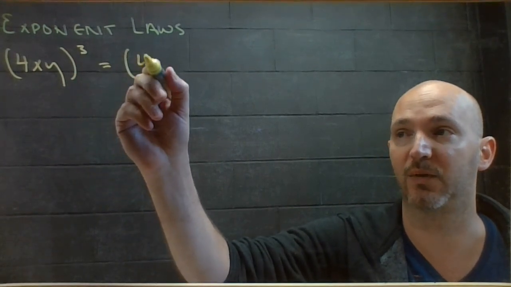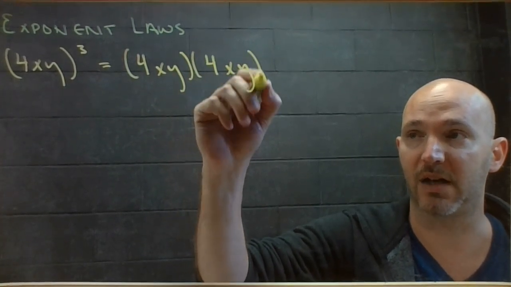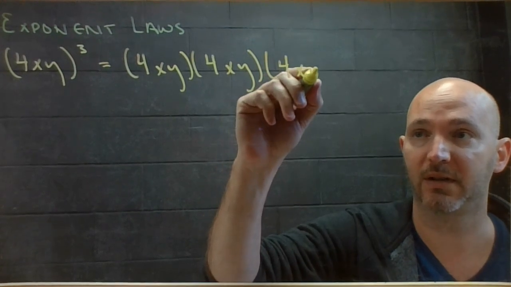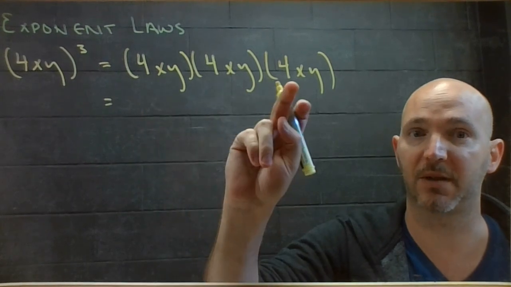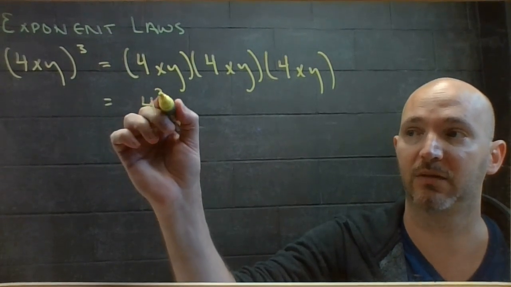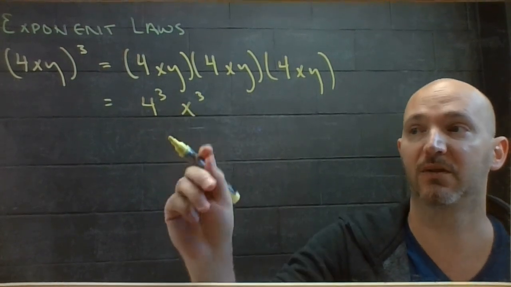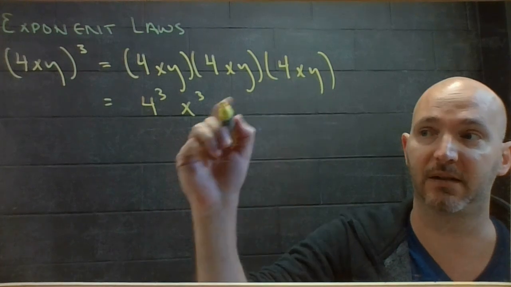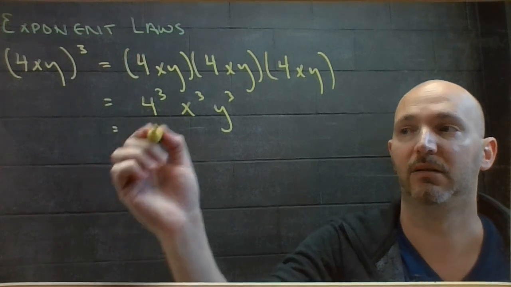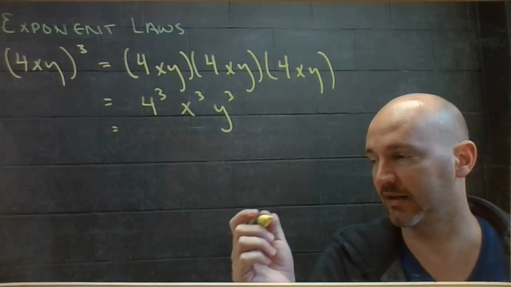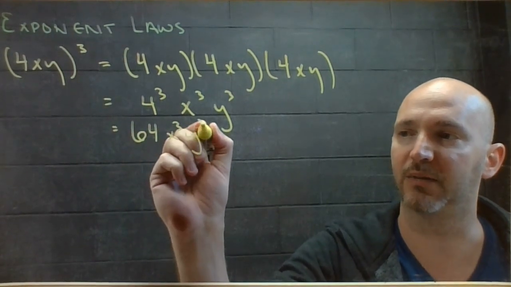So that's 4xy times 4xy times 4xy. And you can see there, 4 times a 4 times a 4, which is 4 cubed. An x times an x times an x, which is x cubed. And a y times a y times a y, which is y cubed. 4 cubed, 4 times 4 is 16, times 4 is 64, x cubed, y cubed.